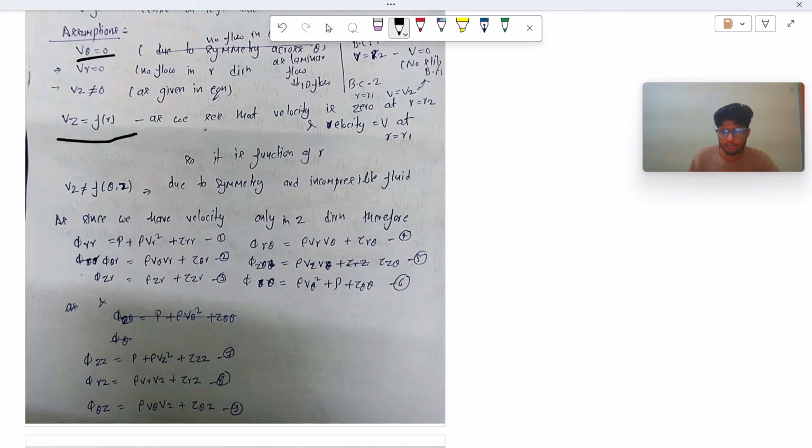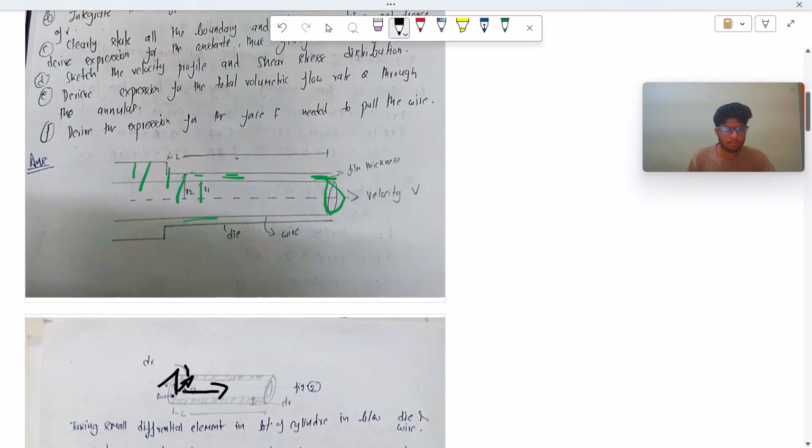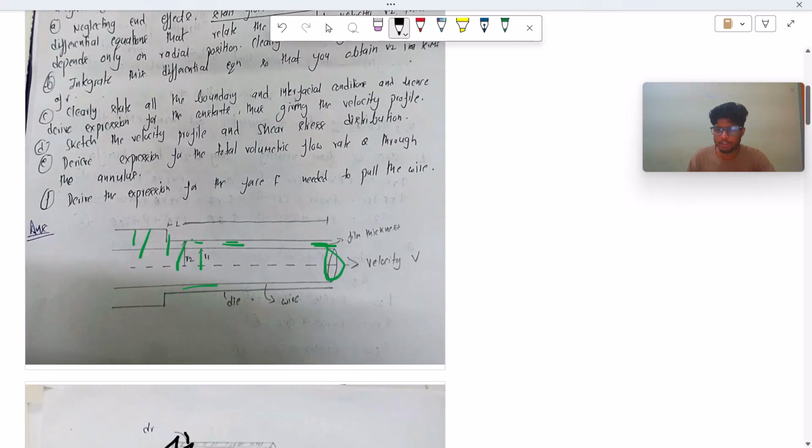We can clearly see that when our wire is moving with velocity v, the fluid that is attached to that wire is also moving with velocity v due to the no slip boundary condition, and the fluid which is attached to our die is not moving as the die is at rest. So this side was moving with a velocity v, and here the fluid is moving with velocity 0.